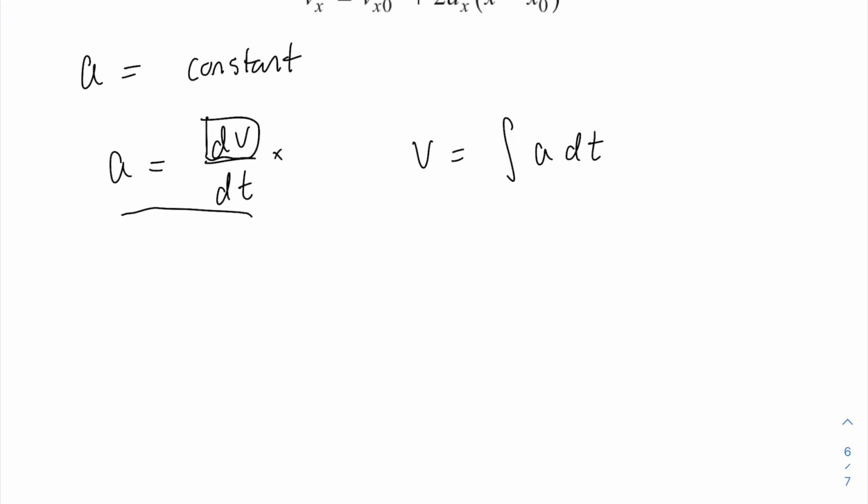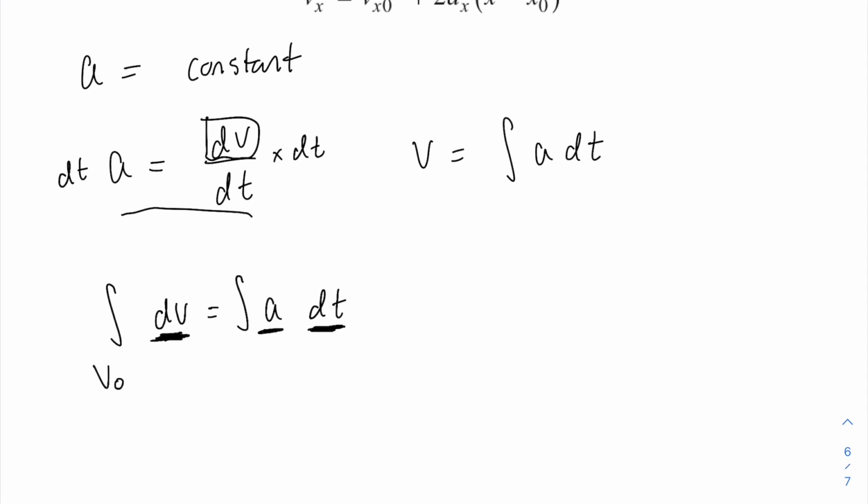If I solve for dv here, which I can do by just multiplying both sides by dt, then we get dv is equal to acceleration times dt. If I want to know the change in velocity over some interval of time, then we can do an integral on both sides. And we're going to go from initial velocity v naught to some velocity v, any velocity that we want.